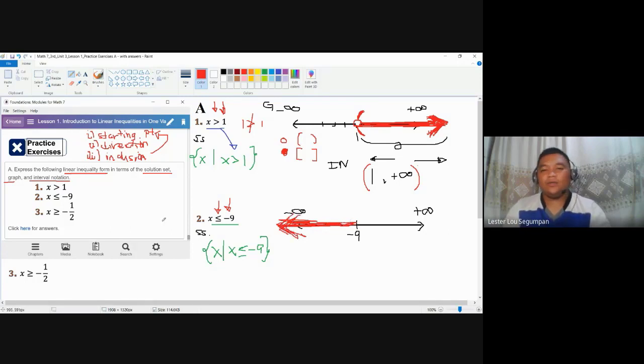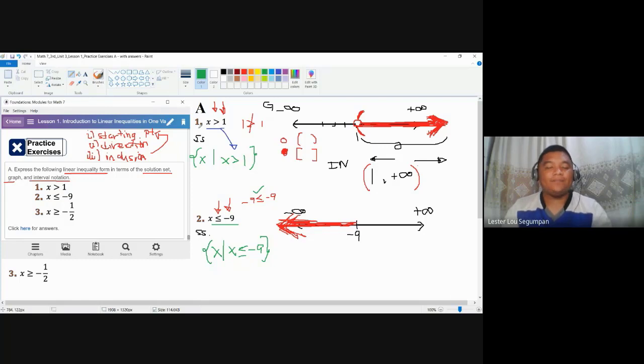Next, inclusion. Is -9 included? You may substitute it here. Is -9 less than or equal to -9? Take note that we have this equality notation here. This means this is correct. So how do we determine better without substituting the values into the given equation?